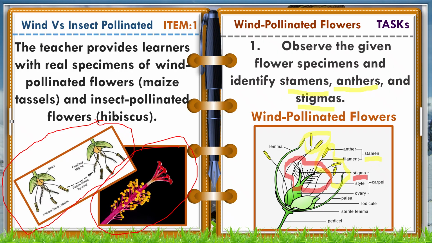The stigma and the style form the carpel, whereas the anther and the filament form the stamen. That is the wind-pollinated flower. We have looked at the stamen, the anthers, and the stigma.